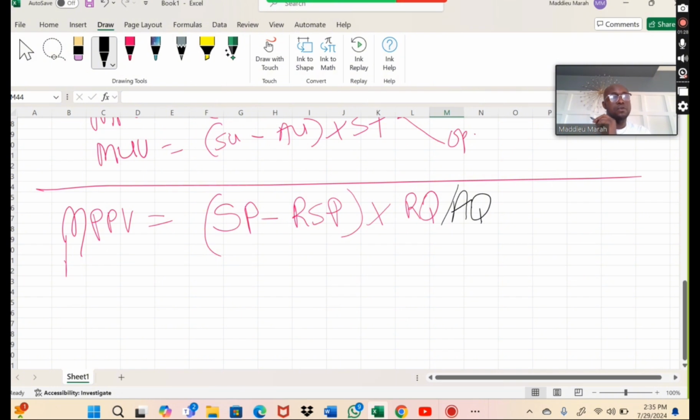The old examiner for performance management was using the actual quantity. This new one is going with the revised quantity. So whichever way you calculate it is correct. But I'm going to calculate it using the current examiner's approach, so we are using the revised quantity. Sound good? Okay.